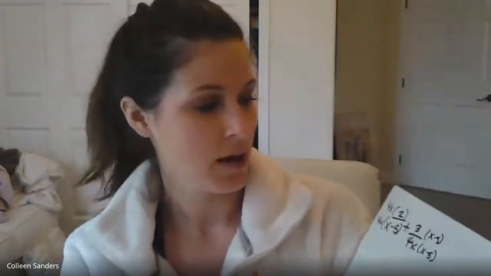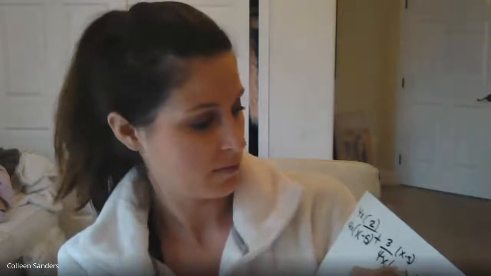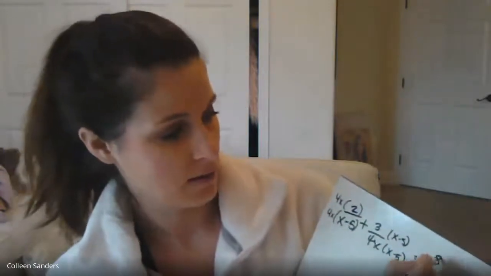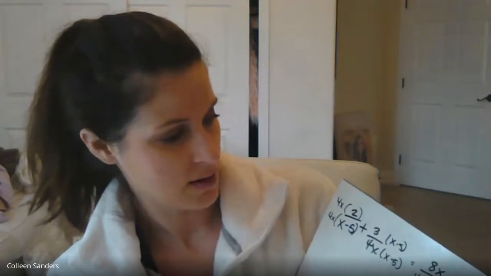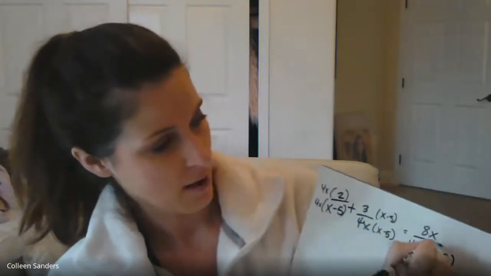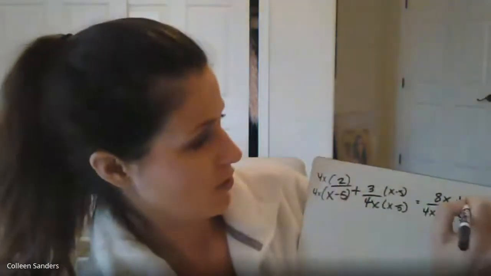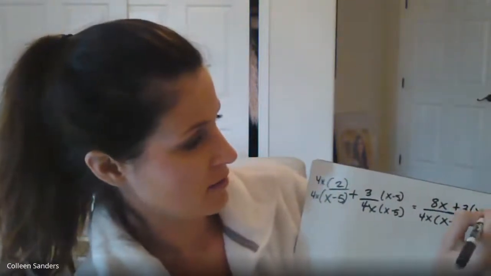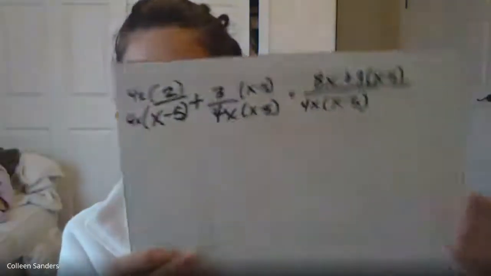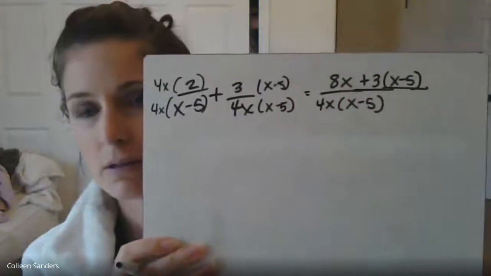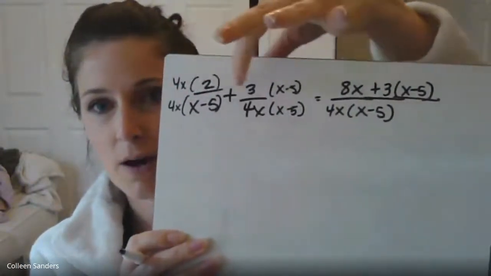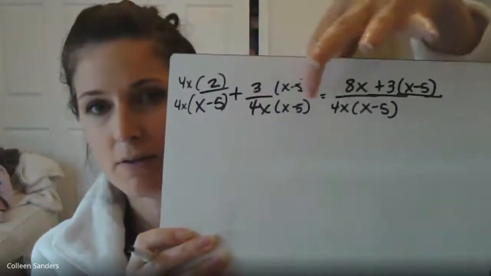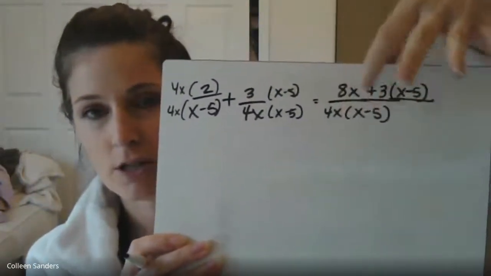Okay. So this top would be 8x over 4x times x minus 5. I'm going to have plus 3 times x minus 5. Does that make sense? And so this one was missing a 4x, so we multiply that to the top and bottom. This one was missing the x minus 5. I just wrote one fraction.